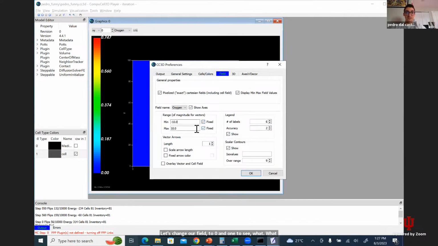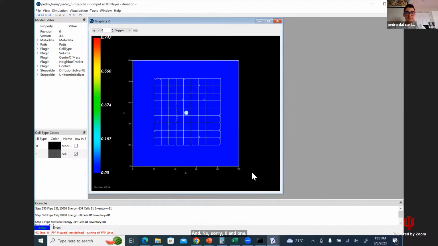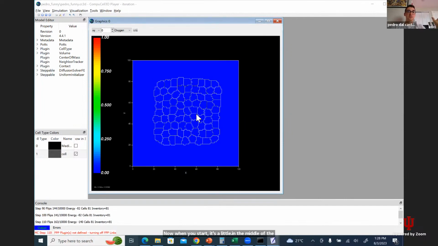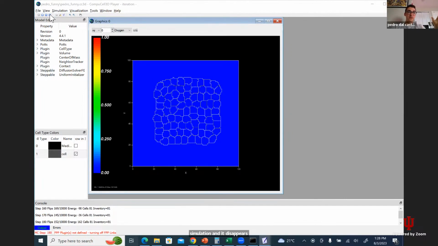So let's fix it and put 0 and 1. Okay. Now when we start, it's a little dot in the middle of the simulation, and it disappears. It disappears very quickly.